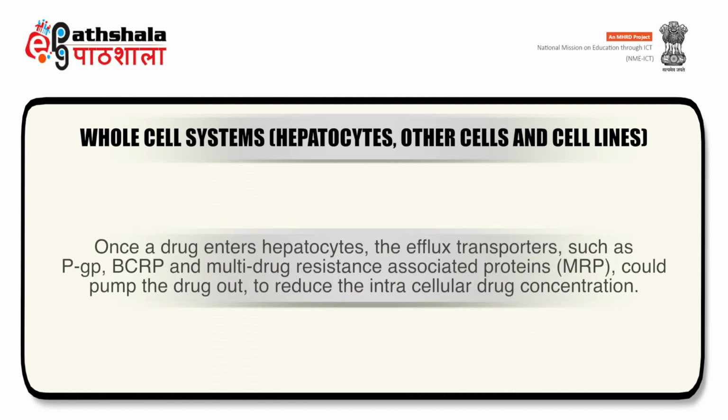Once a drug enters hepatocytes, efflux transporters such as PGP or BCRP and multidrug resistance associated protein, that is MRP, could pump the drug out to reduce the intracellular drug concentration.